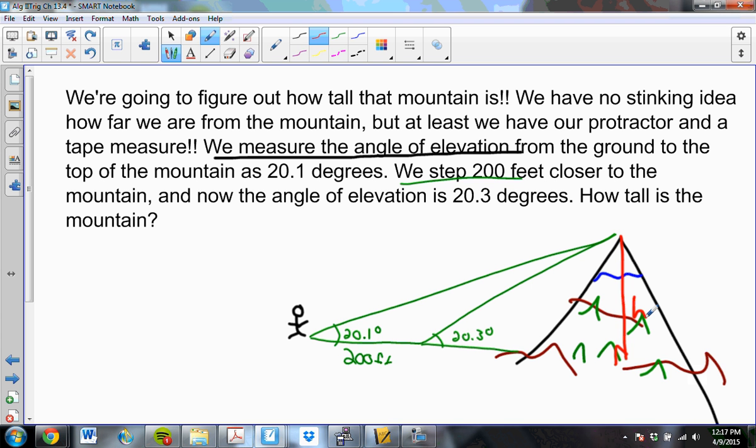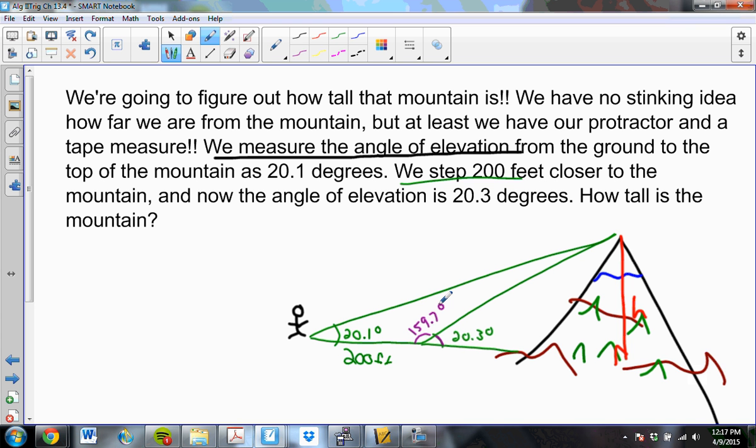Well, we're going to have to use some trig to find some other things. So let's just start with whatever we can work with and find whatever we need. If this angle here is 20.3, then this other side, they have to be supplementary out to 180. This is going to be 159.7 degrees.